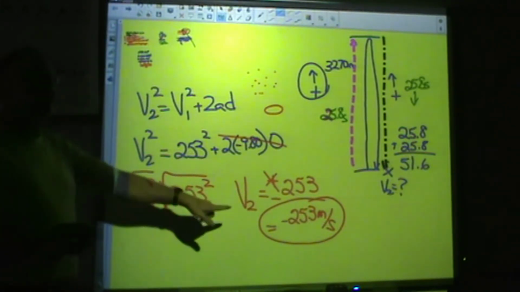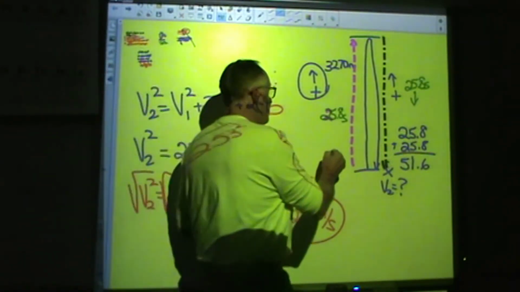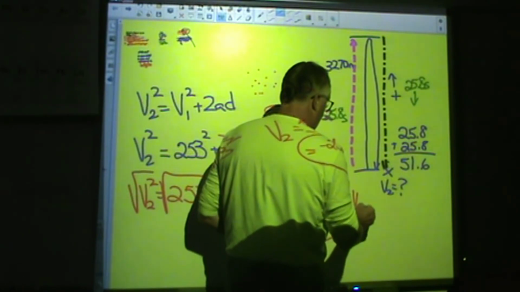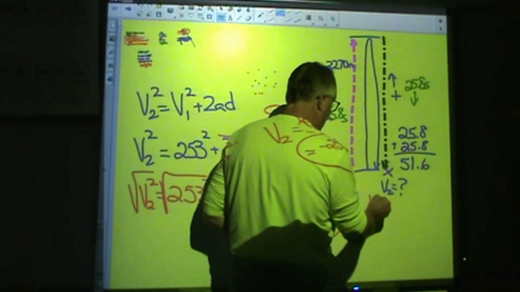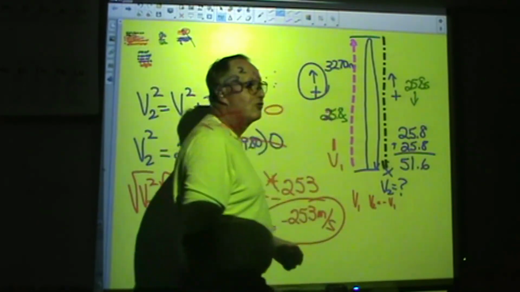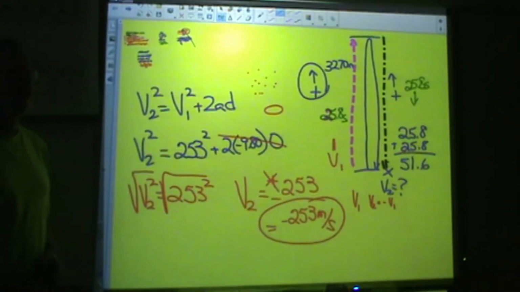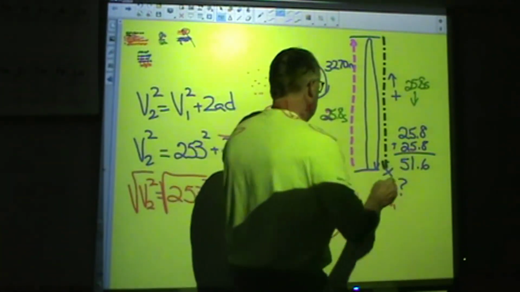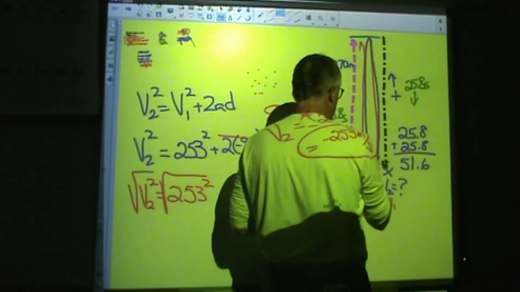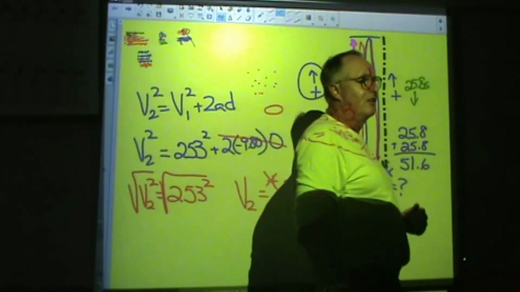So theoretically, whatever V1 is, V2 will be negative V1. They should theoretically be the same, just the opposite sign.